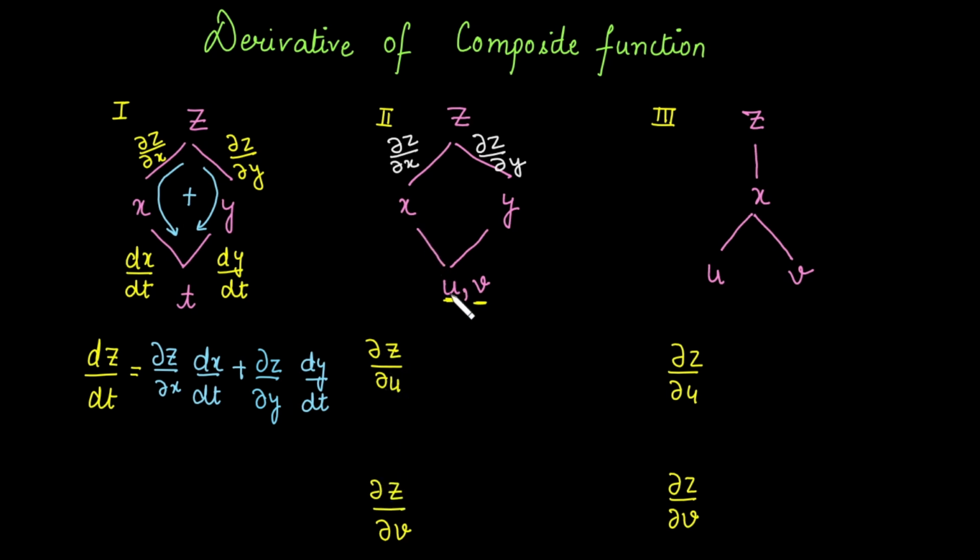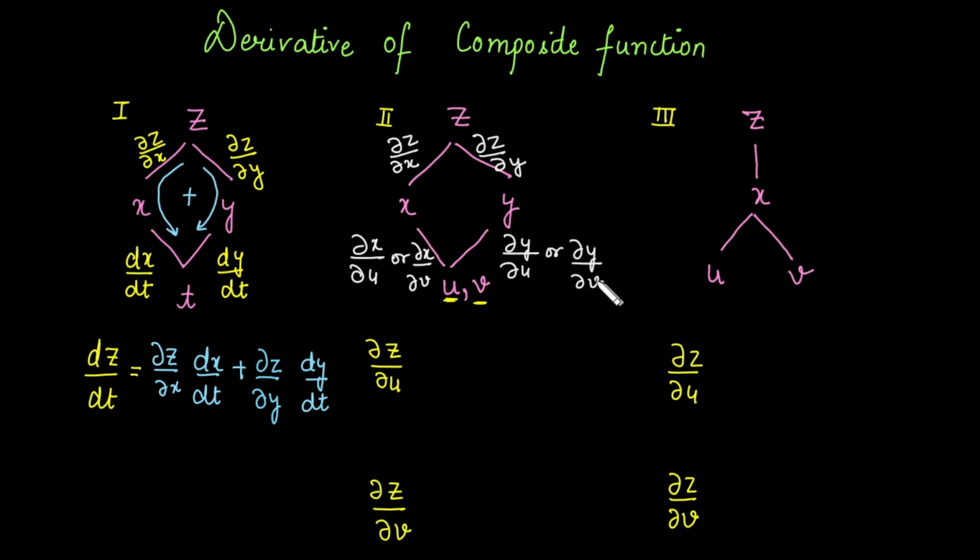When you take the derivative with respect to u, again it is a partial derivative because x is depending upon two variables. So we take the partial derivative of x with respect to u, or the partial derivative of x with respect to v. In this case, the partial derivative of y with respect to u, or we will use the partial derivative of y with respect to v.